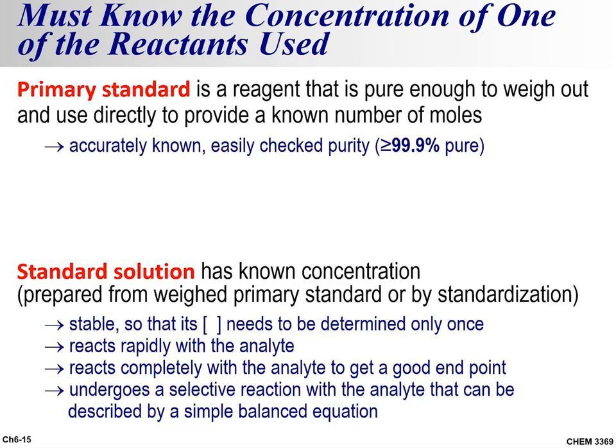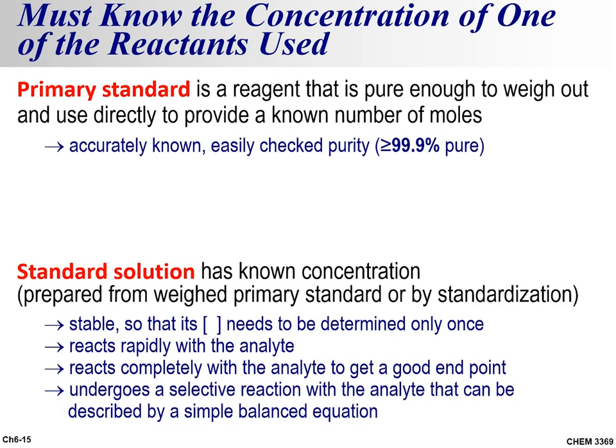Okay, so the accuracy of a titration depends critically on how accurately you know the concentration of the standard titrant. And this standard titrant has to be prepared from a primary standard.